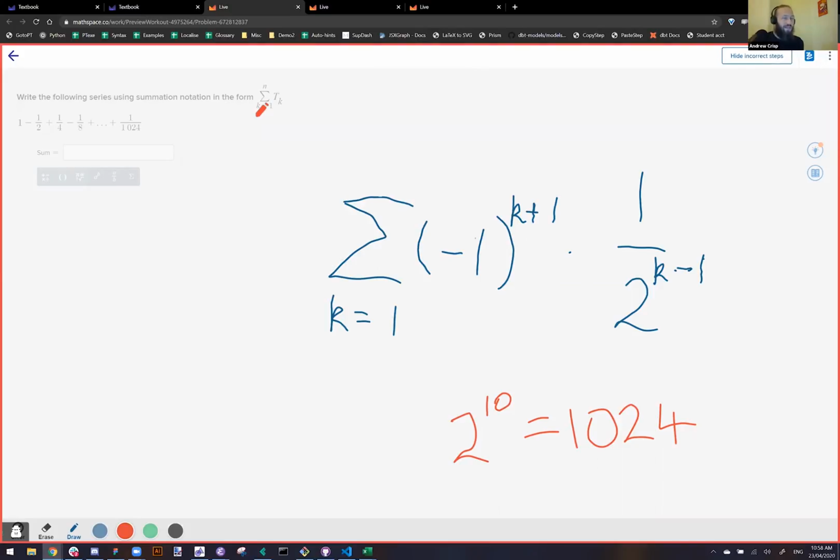It's not quite. Because if we stopped at 10, then when we replace the k with 10, we get 10 minus 1 is 9. We fall 1 short of the final term in the series. So instead, we actually need to go all the way up to 11. That's how I know when I can stop, because I put k as 11 in there. I get 11 minus 1 is 10, and I get 1 over 2 to the 10, which is this final one here.